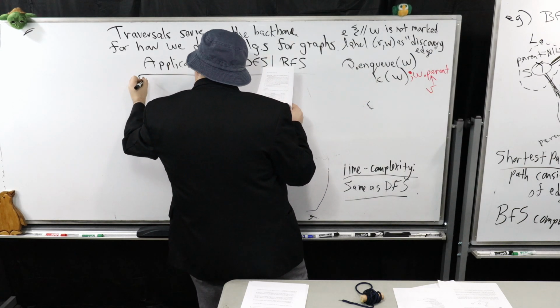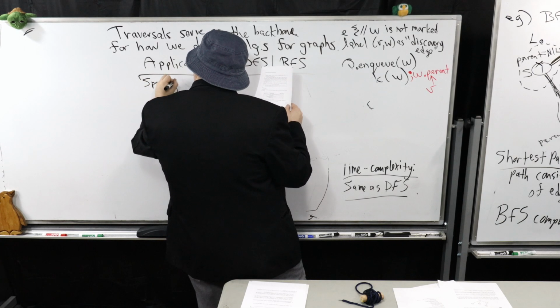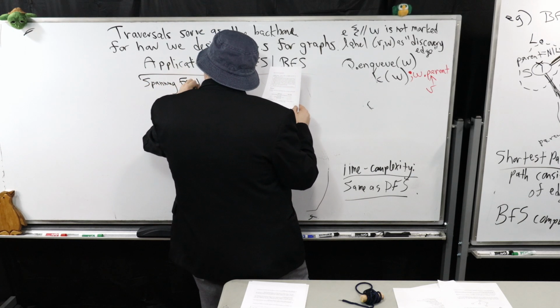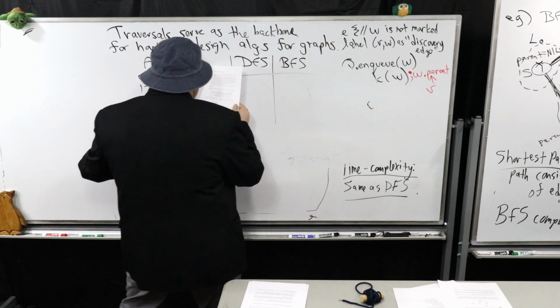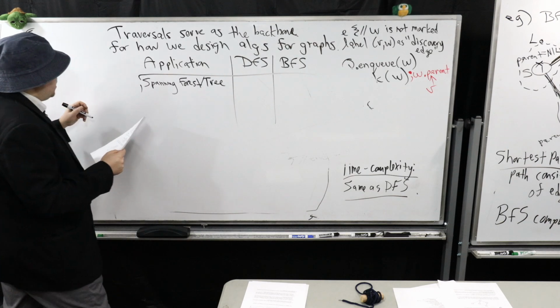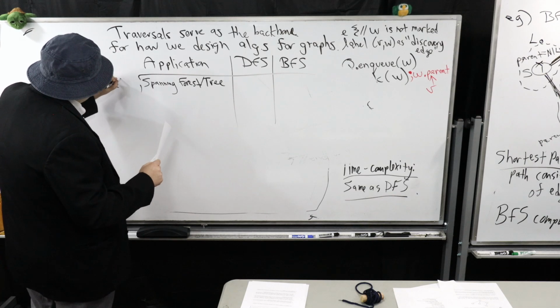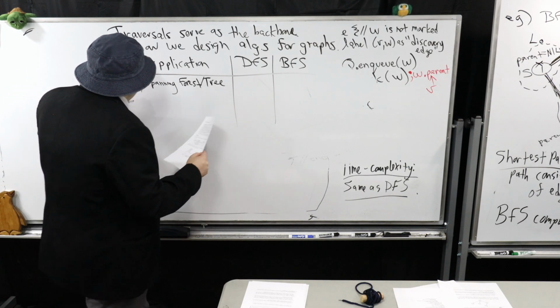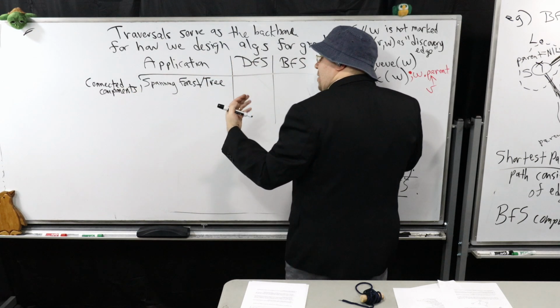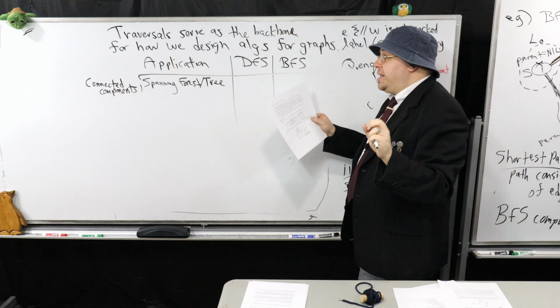So first, if you want to compute a spanning forest or tree, or you want to compute so-called connected components, keep in mind, a BFS tree or DFS tree produces spanning trees or forests.